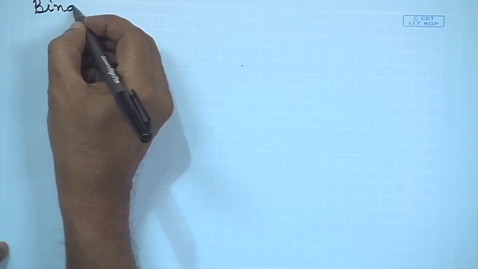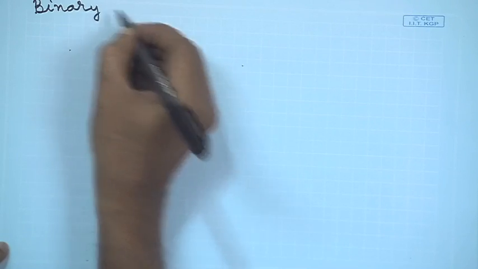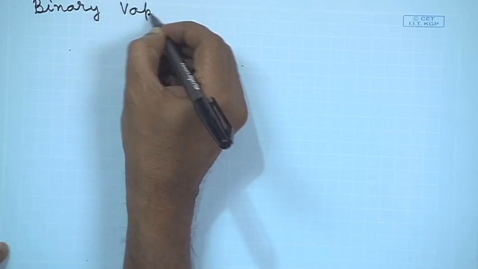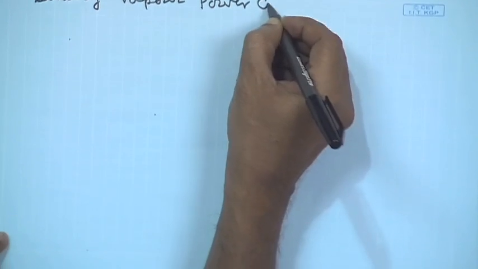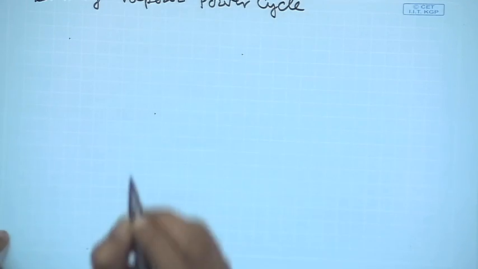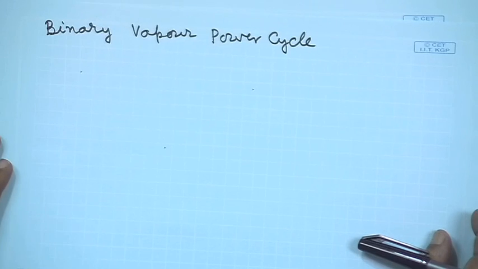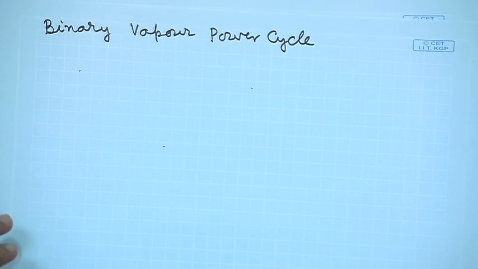One of the concepts is that one can go for a binary vapor power cycle. Sorry, what is a binary vapor power cycle?